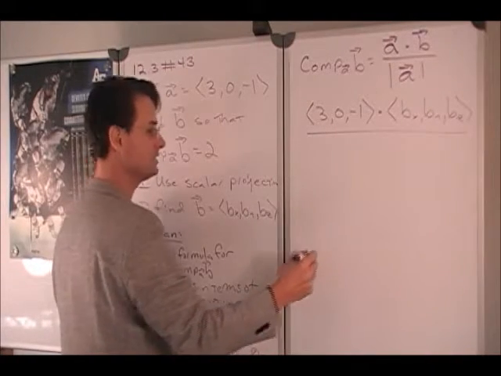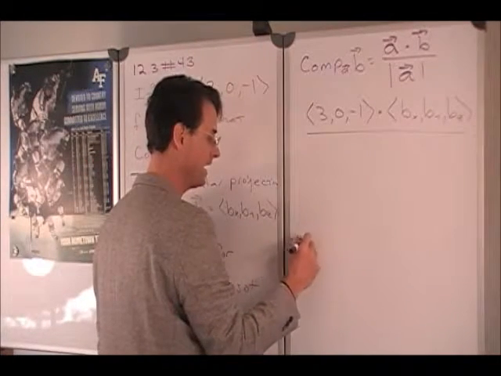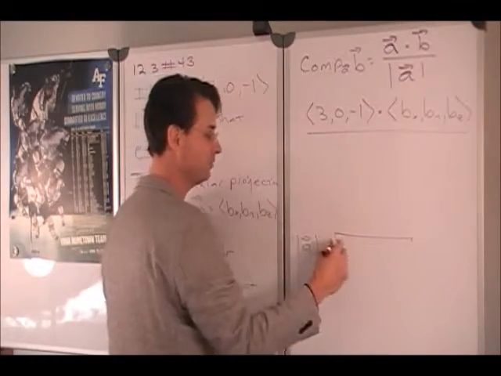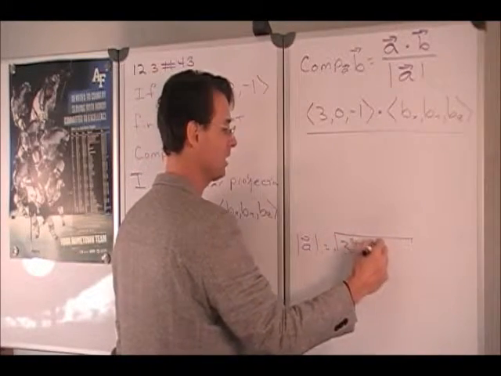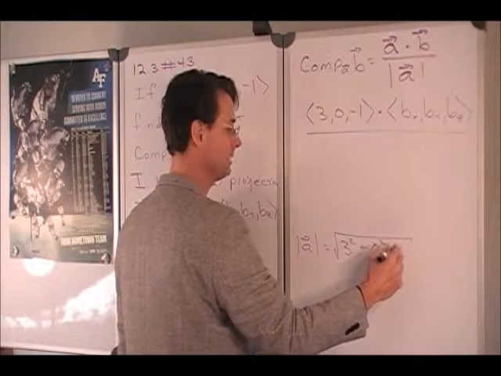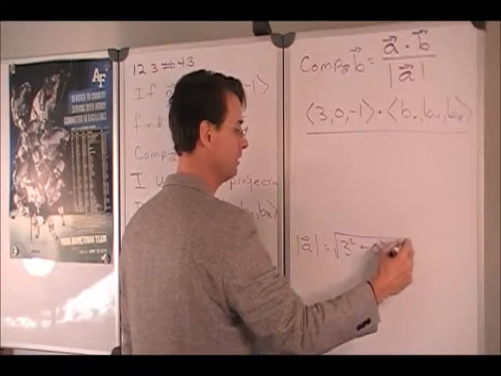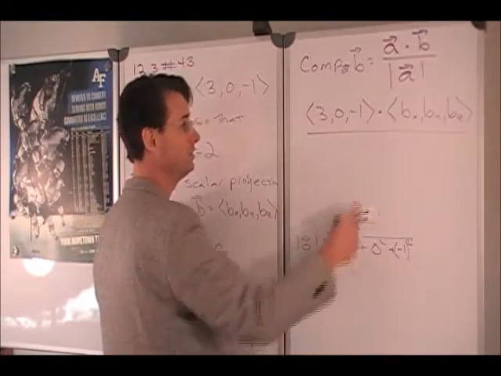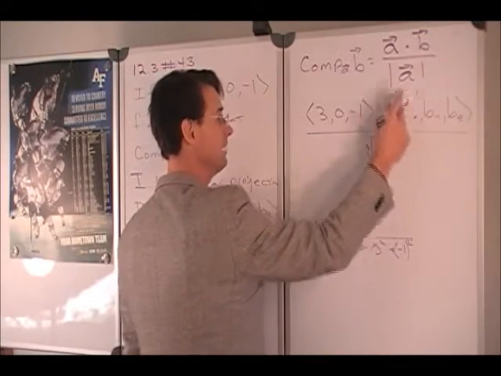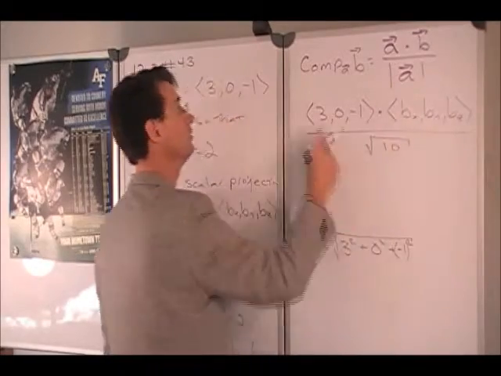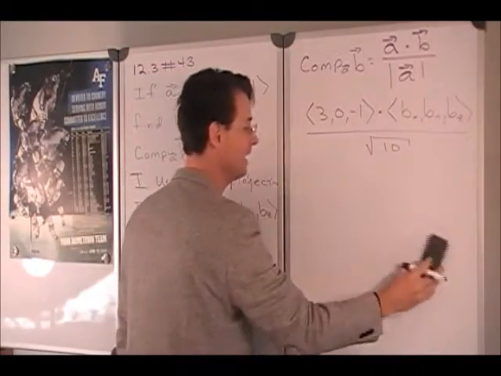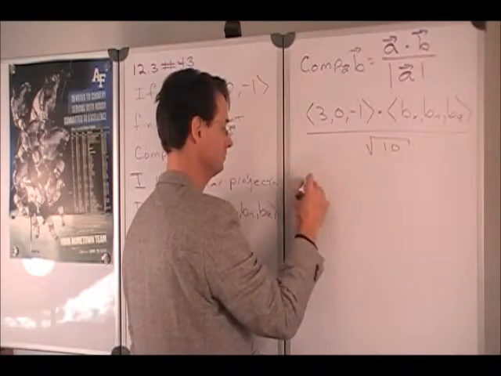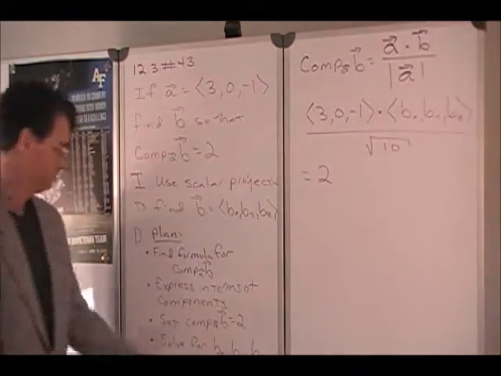So let's just have a little aside where we compute the magnitude of A, because it's simply going to be the square root of the x component squared plus the y component squared plus the z component squared. So this is 9 and that's 1. So the magnitude of A is the square root of 10. So all this business here is equal to 2.